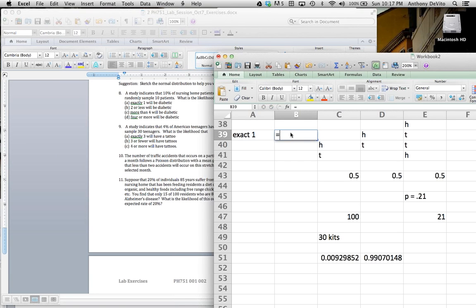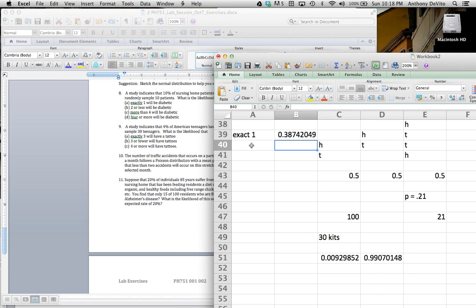The probability is going to be equal to BINOM.DIST, parentheses, number of successes, 1. Number of trials is 10. The probability is 0.10, 10%. And since we're saying exactly 1, we're going to say false for cumulative. So the only correct answer is going to be exactly 1 out of 10 people. And the probability is 38%.